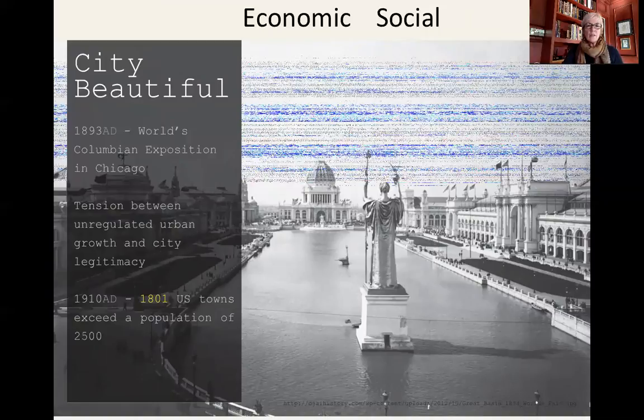A lot of it was coming out of the explosion in the 1800s as the Industrial Revolution started, with a lot of unregulated growth, which resulted in bad social conditions. It was also interesting that during this time U.S. towns started to exceed a population of 2,500. So we started to see larger towns. It wasn't just an urban-rural dichotomy anymore.